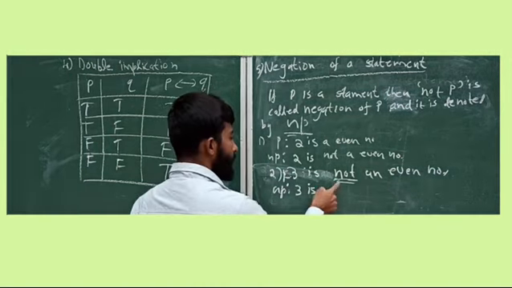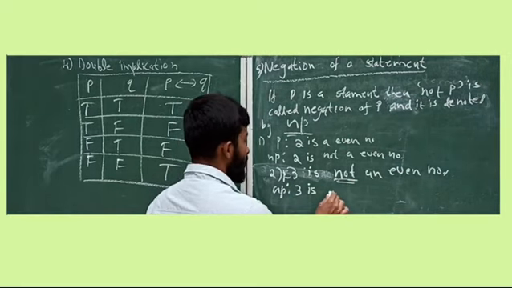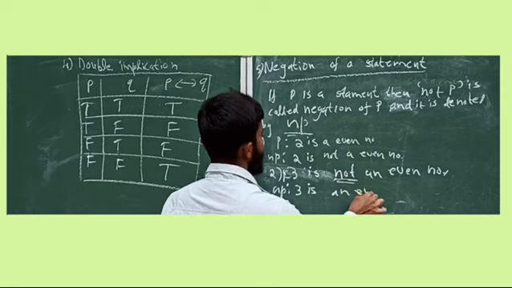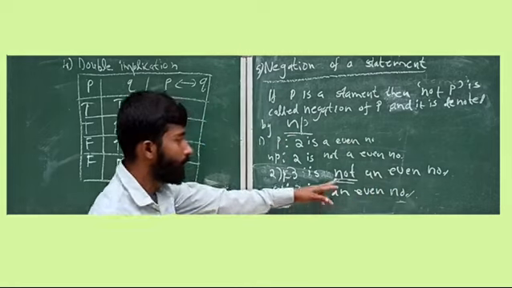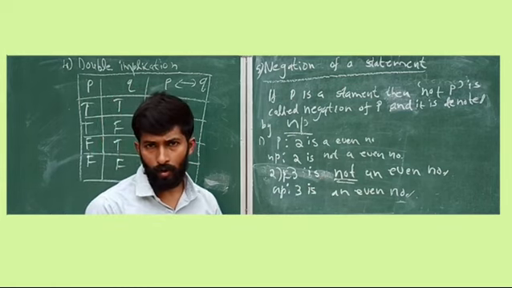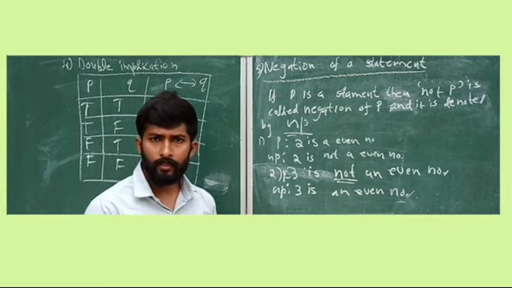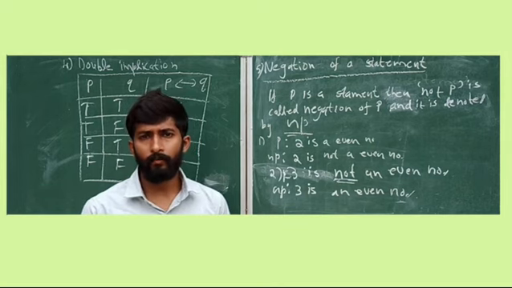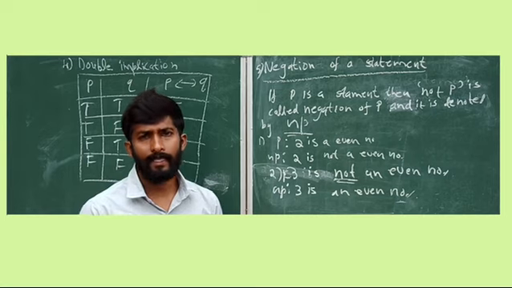Here itself not is given, so writing the negation you need to write 3 is an even number. Clear? For negation, if not is given, you need to remove not. If not is not given, you need to add the not. In general, if P is a statement, then not P is called the negation of the given statement.